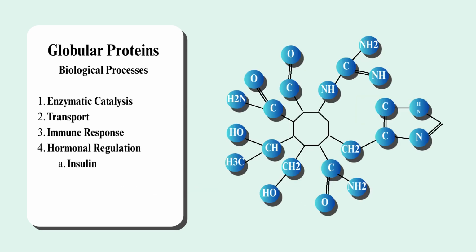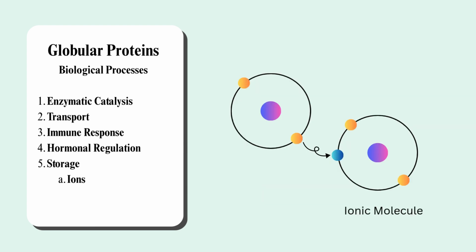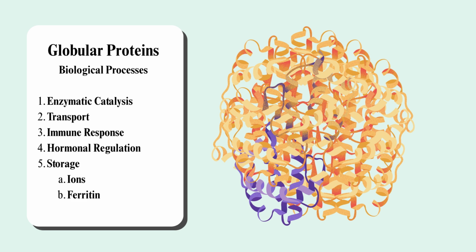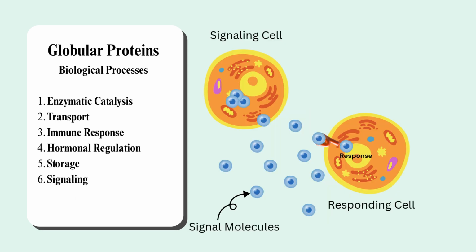Hormonal regulation. Many hormones like insulin, which regulates blood sugar levels, are globular proteins. Storage. Some globular proteins store ions or other molecules, such as ferritin, which stores iron.